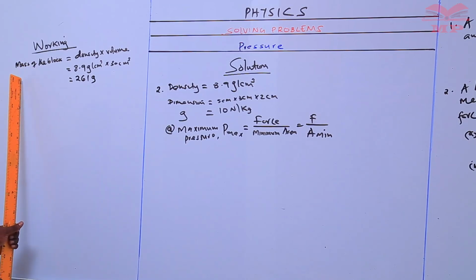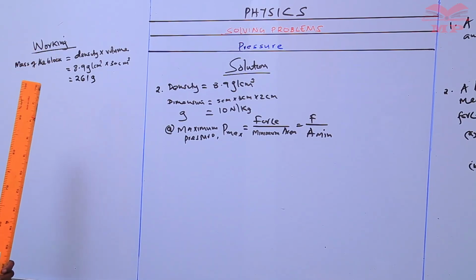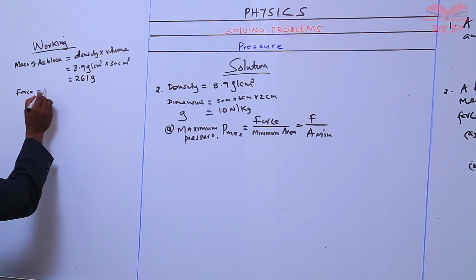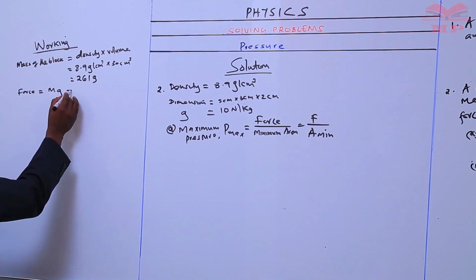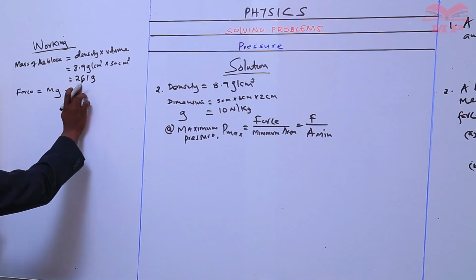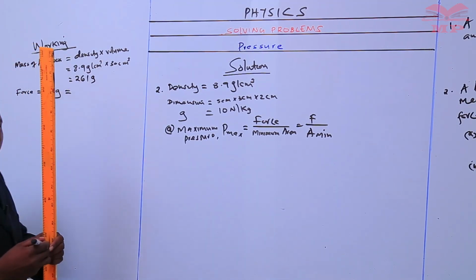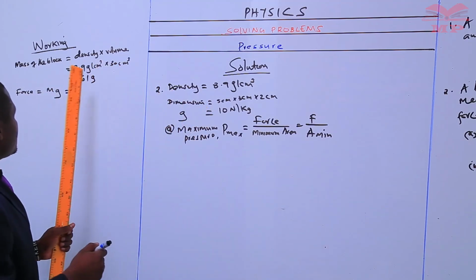Now, after this, I can now calculate the force. We said that force is equals to mg. But remember, I must convert these grams into the SI unit, that is kilograms. This is in grams.